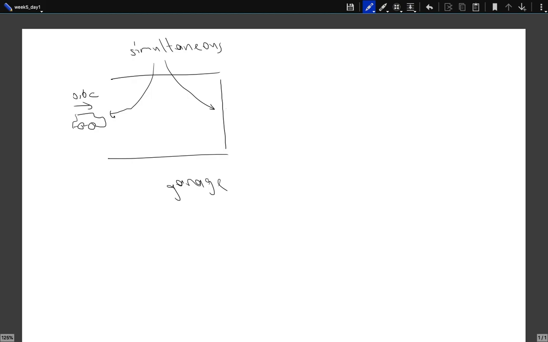I said in the reference frame of the garage, the two doors have 5 meter separation, and they move simultaneously, so their delta T is 0. In the reference frame of the car, the delta X was 4 meters, using length contraction, the doors were 4 meters apart.